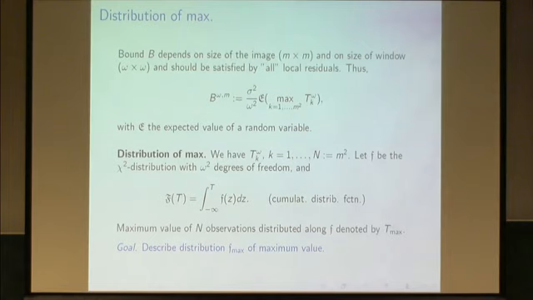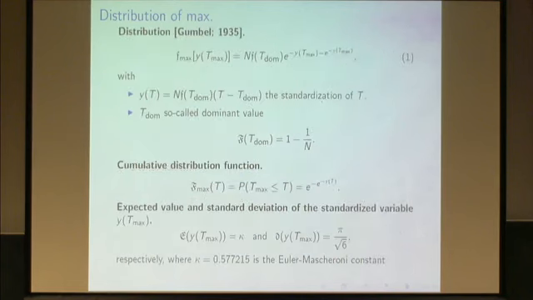I don't go into the details here, but what you can do is this: I don't want to find a reliable bound for every little filter window, because there could be tremendous noise affecting one of those windows, but on average I would like the max over all of those random variables to do something good. So you try to identify the cumulative distribution function, or in other words the density of that distribution, and this can be done exactly.